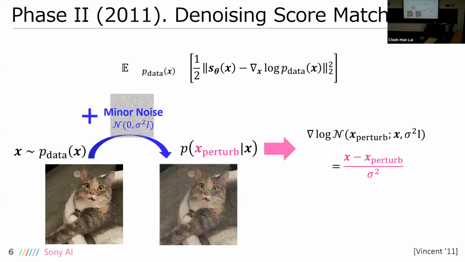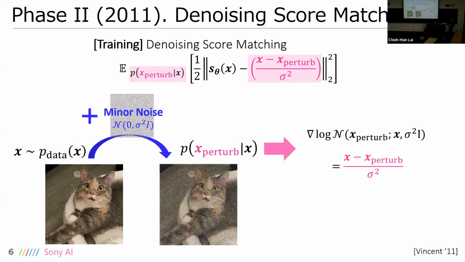Okay, so once we computed this slightly perturbed density, with sigma being very small, where sigma is just the variance, what we can do is just replace this with the perturbed one. Then everything here is tractable, simply computed, and easy to run, right? This objective function is called denoising score matching.